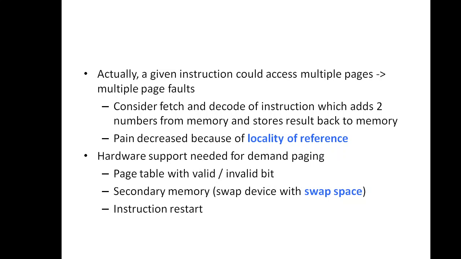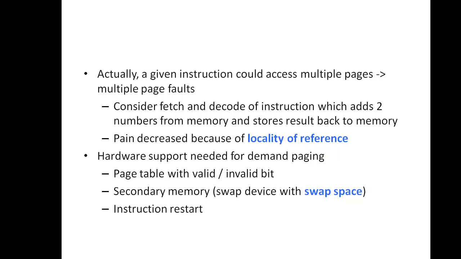So a given instruction could access multiple pages. One page will be used for the instruction, and this instruction is using 3 different operands. Assume these 3 operands are stored in different pages, so they are present in different pages.